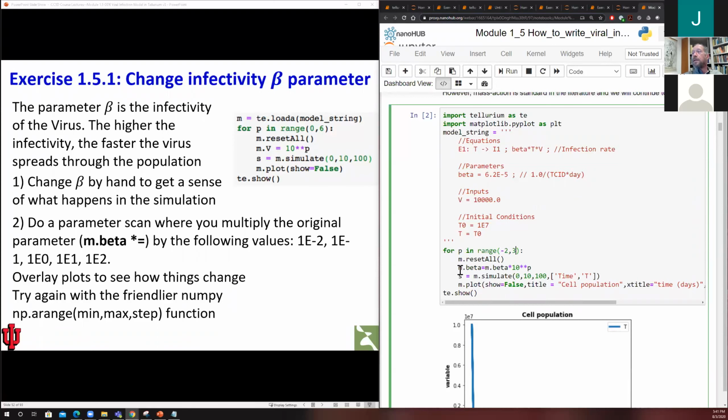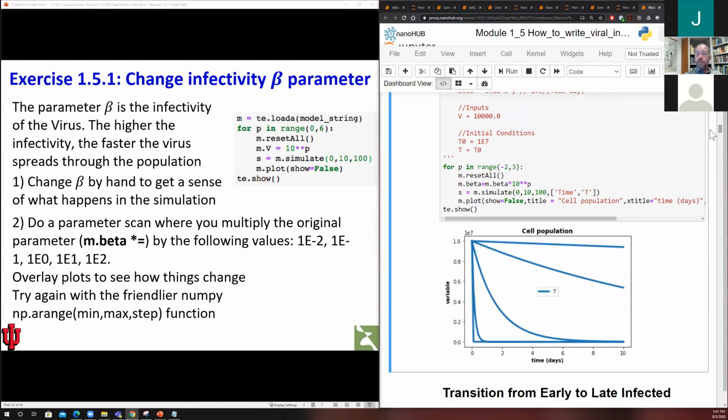So here we'll get m.beta will be its initial value starting out times 10 to the minus 2, and it'll stop at 10 to the 2, so that should be right. There we go. Thank you. I'll let everybody try that and see if we can get that to work.